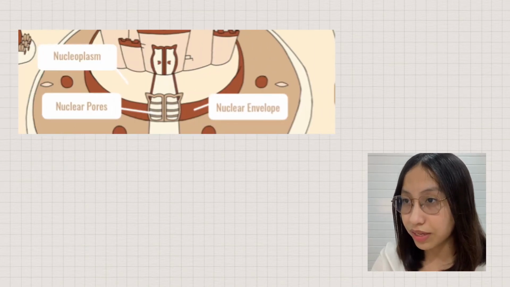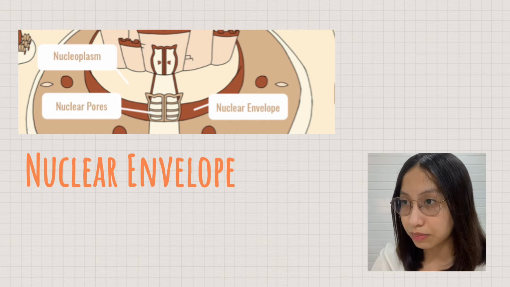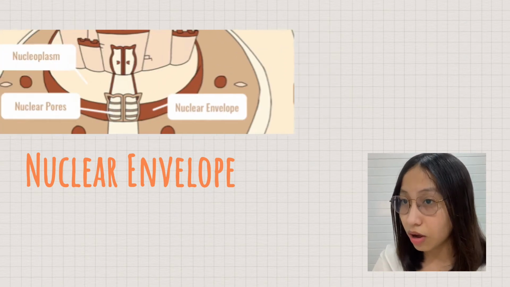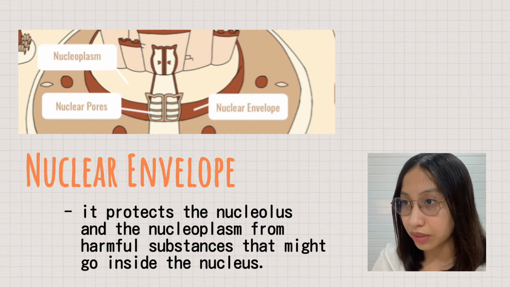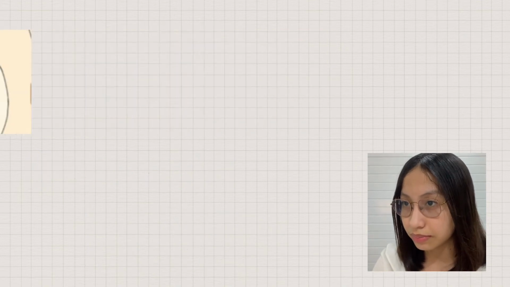Another part of the nucleus is the nuclear envelope. It is identical to the inner wall of the kingdom. This wall surrounds the keep and protects the castle from unknown objects that might try to intrude. Also, the nuclear envelope acts as a wall that protects the nucleolus and the nucleoplasm from harmful substances that might go inside the nucleus.